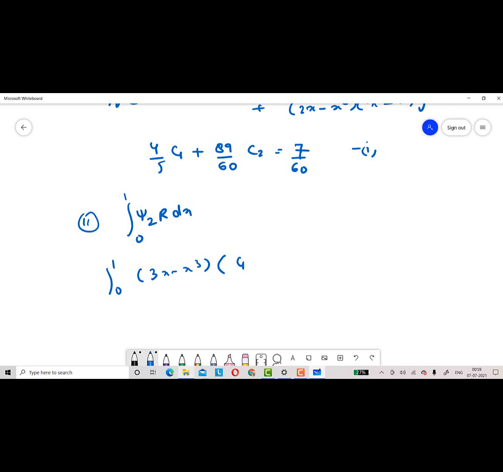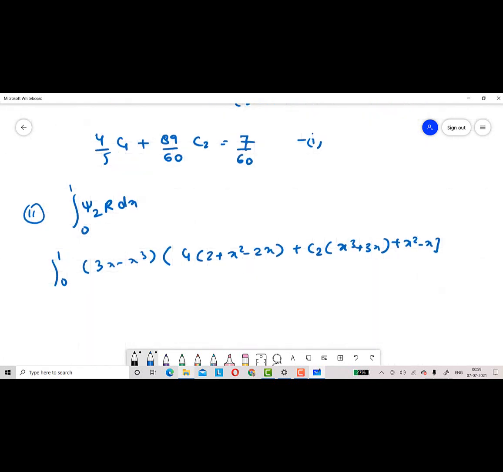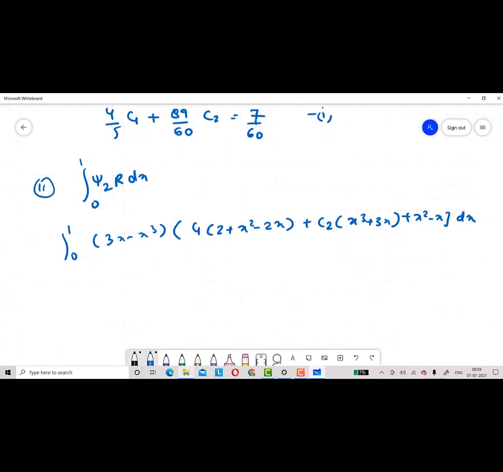At C1 it is 2 plus x square minus 2x, plus C2 it is x cube plus 3x plus x square minus x, and finally dx. So we will just multiply these terms together.